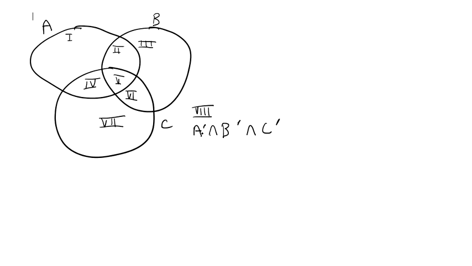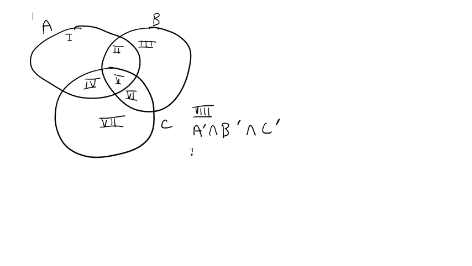A complement is outside of here, B complement is outside of here, and C complement is outside of here. So it's just the outside of this entire space.